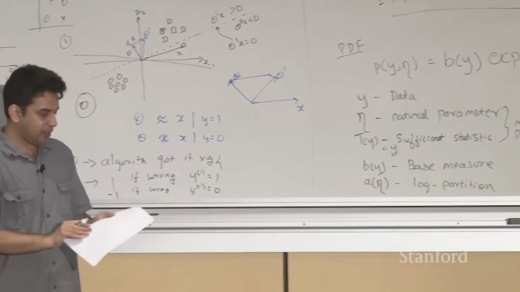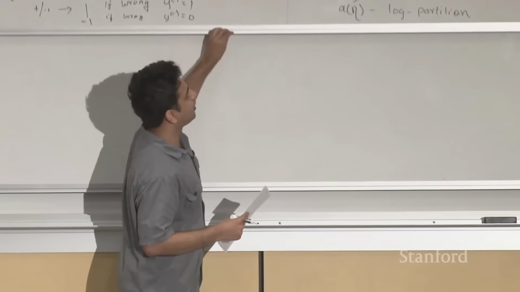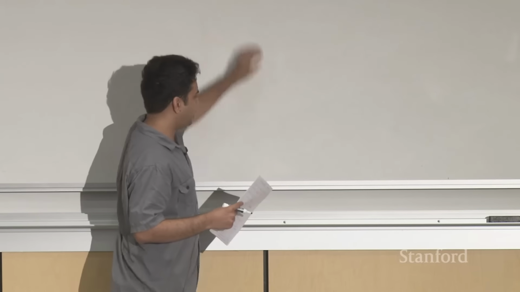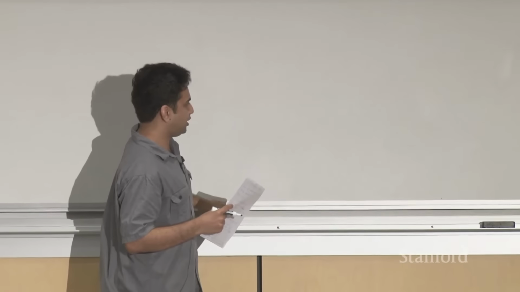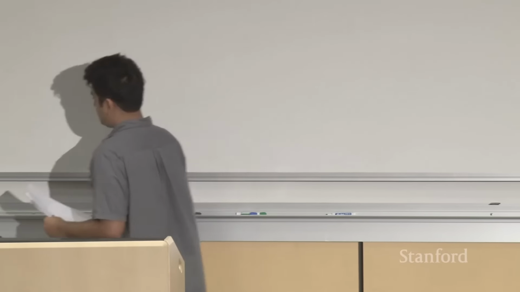And to show that a distribution is in the exponential family, the most straightforward way is to write out the PDF of the distribution in the form that you know, and do some algebraic massaging to bring it into this form, and then do a pattern match to conclude that it's a member of the exponential family. So let's do it for a couple of examples.